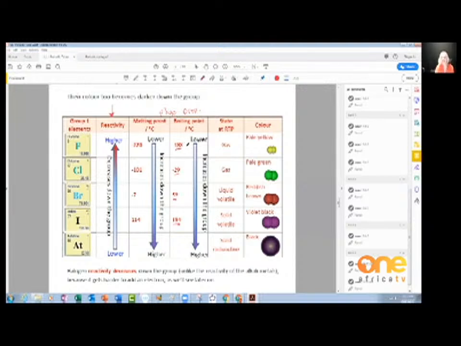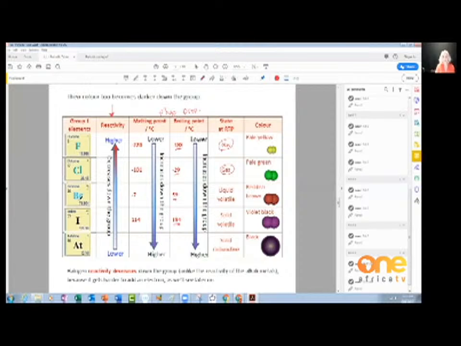since fluorine and chlorine have a boiling point which is so low, below 0, obviously they are gases at room temperature. So fluorine and chlorine are gases as elements. When we find them as elements, they are gases at room temperature.